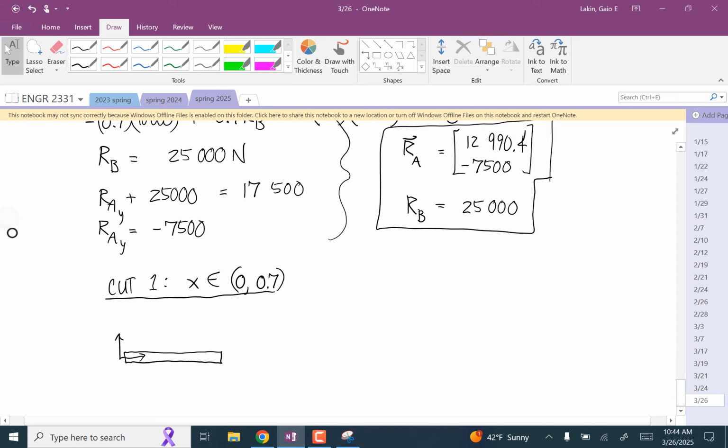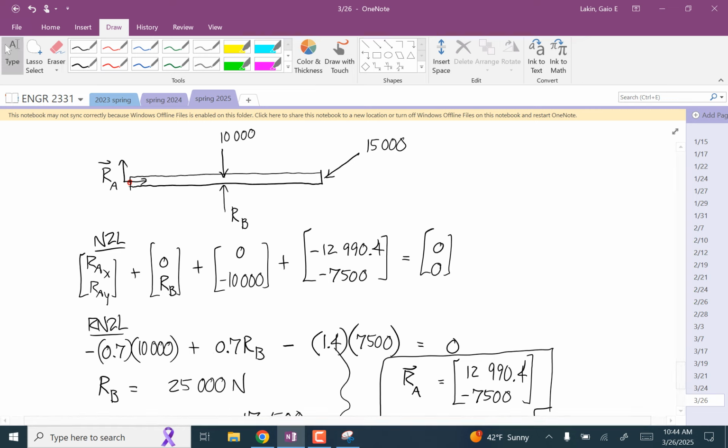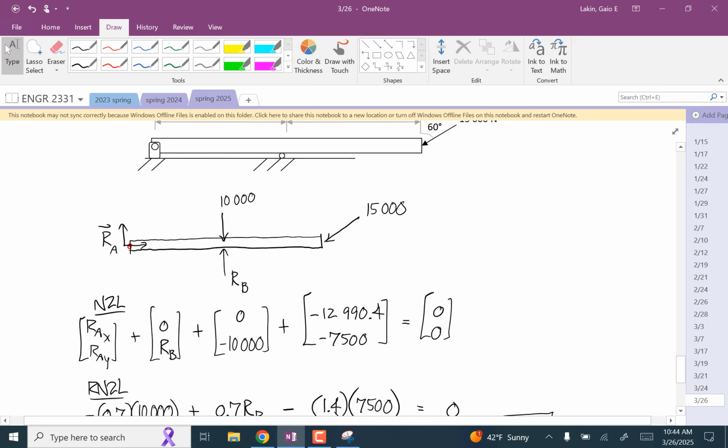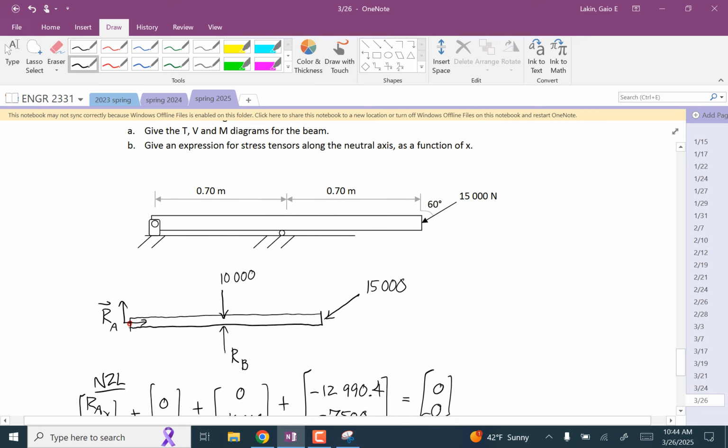We have a force over here of 12,990.4, negative 7,500. We haven't gotten to RB yet. The total weight is 10,000, and that's divided over 1.4.